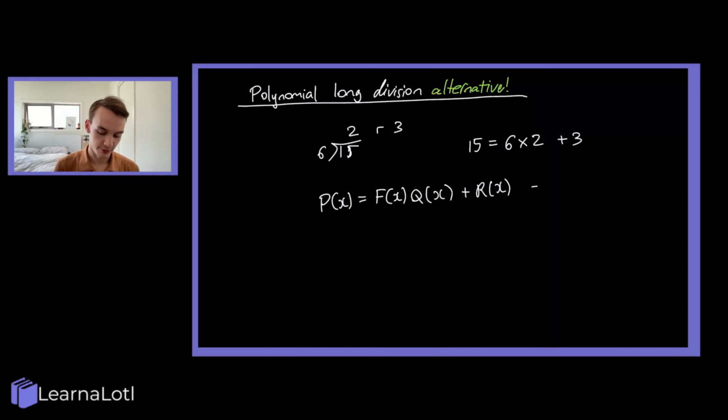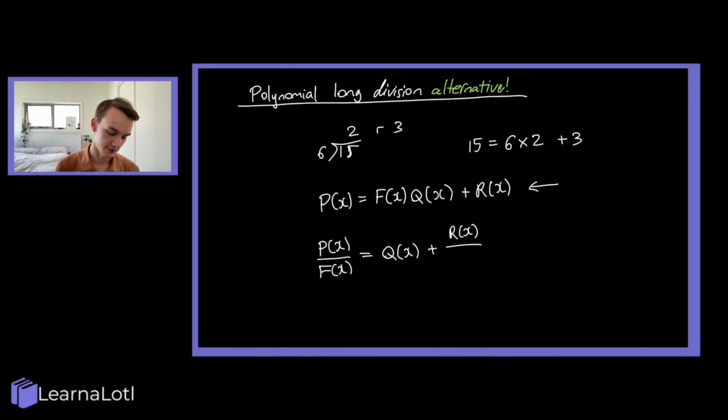And the reason I want to be able to write p of x in this way is that if I was to divide p of x by this factor f of x, I would know that this is the same thing as q of x plus r of x divided by f of x.